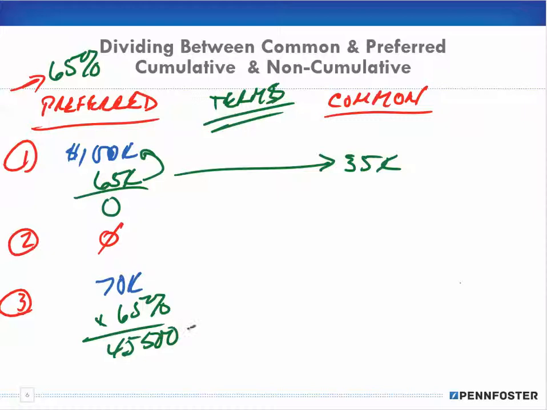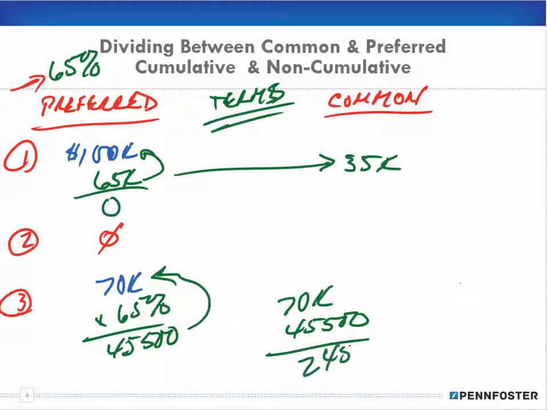That's how much out of the 70,000 is going to go to the preferred shareholders. And out of the 70,000 less 45,500, that gives us $24,500 that is going to go to the common shareholders.